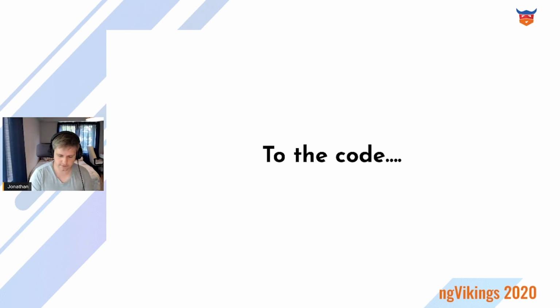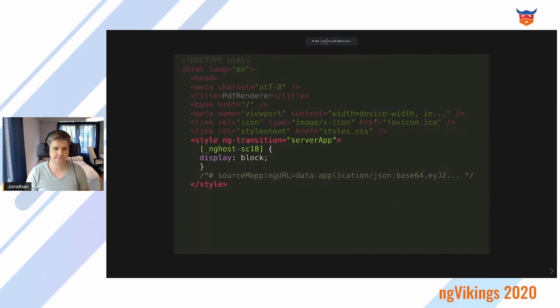So a quick look at the code that sews this all together. Well, one thing I wanted to mention first: the HTML that comes out of the Angular Universal application.